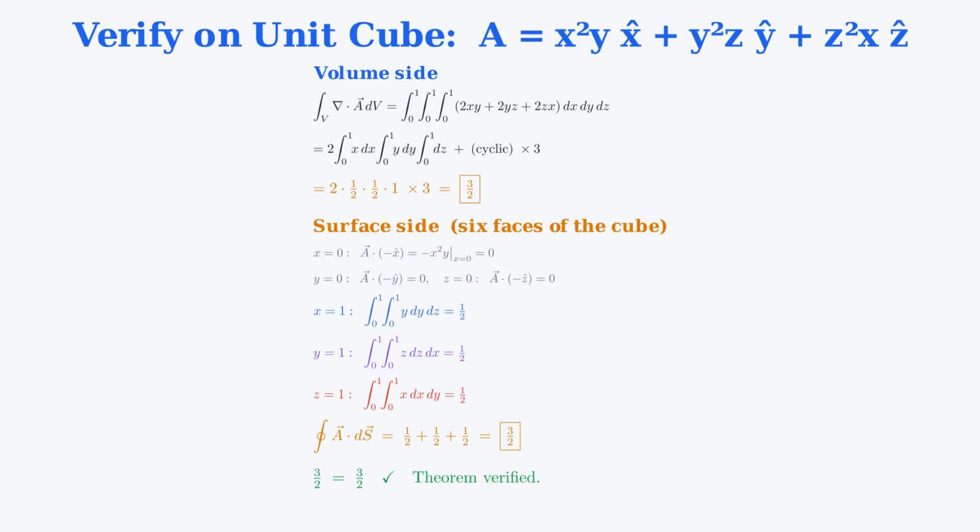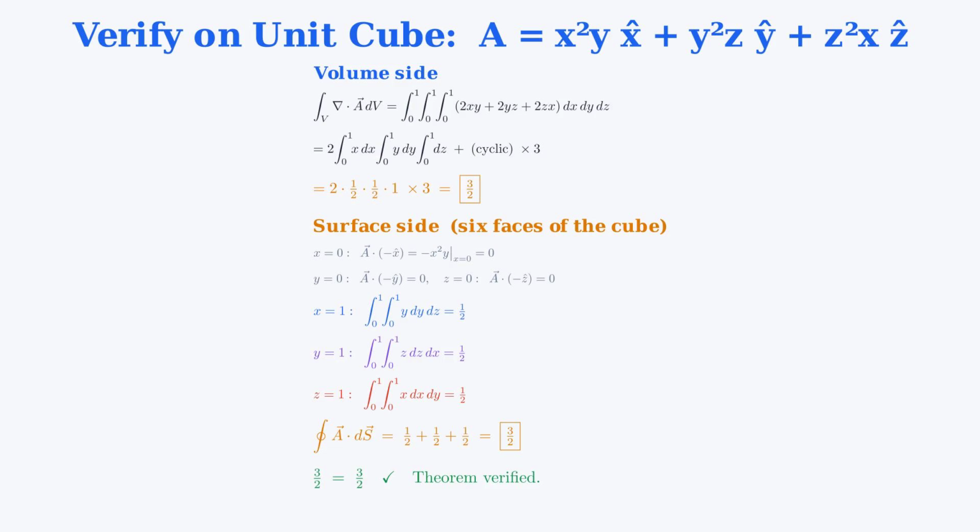Volume side first. The divergence we already know. PS05 computed it. Nabla dot A equals 2xy plus 2yz plus 2zx. Triple integral over the unit cube. By symmetry, each of the three terms gives the same answer. Integrate 2xy over the cube.